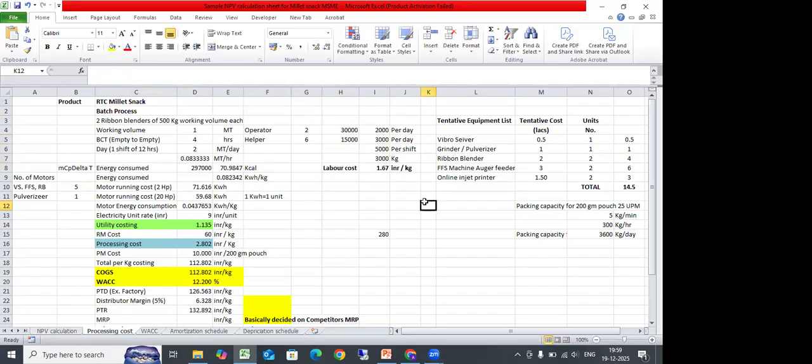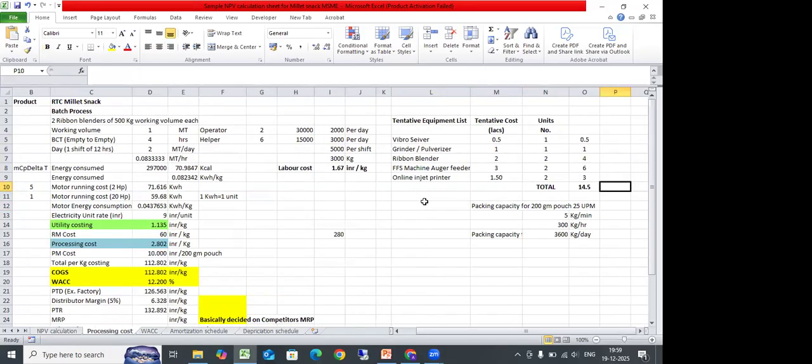Now my total comes out to be 14.5 lakhs. I have taken 20, out of which 5.5 I consider as my operating expense. Packing capacity, I have taken 200 gram pouches, 25 units per minute. That means 5 kg per minute, which is 300 kg per hour.